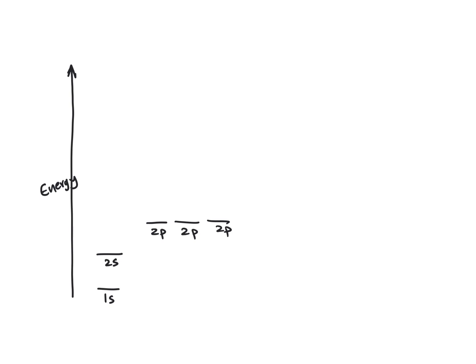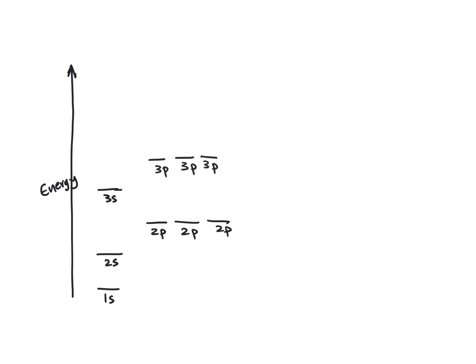Okay. So 1s has the lowest energy, then 2s, then 2p. And now we go to another shell, right? So 3s has higher energy than n equals 2. And the same thing here, we have 3p. And each of the p orbitals in the p subshell has similar energy.